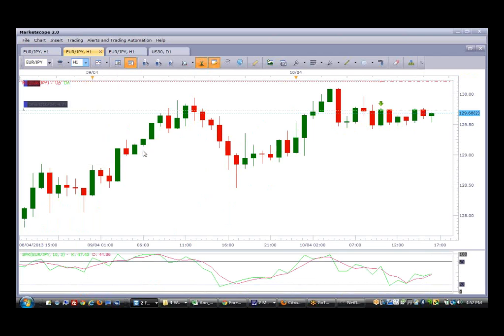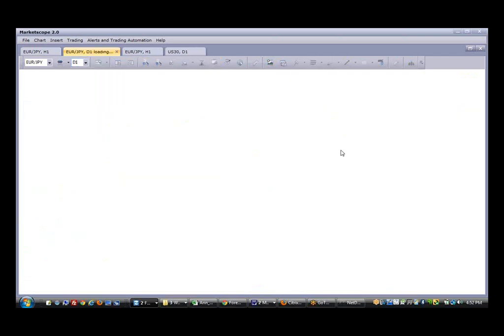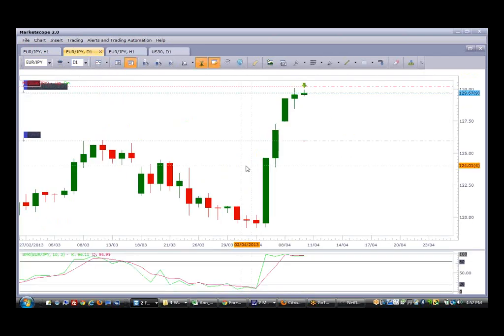Okay, M2 daily. There's a possible setup right here, nice doji formation, overbought, and if that drops to at least the 50% of this candle, then that will be a good trigger. As long as it finishes below the 50% of this candle, then there's a good setup to go short on the M2.